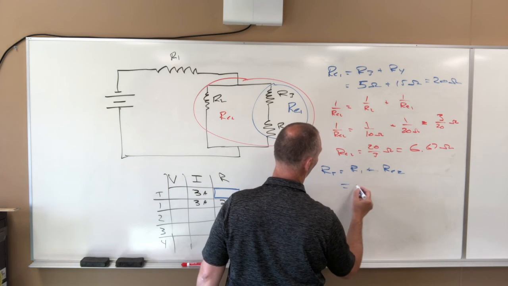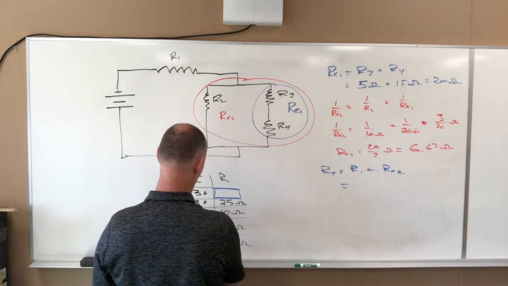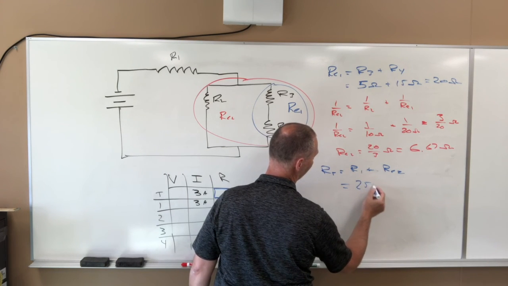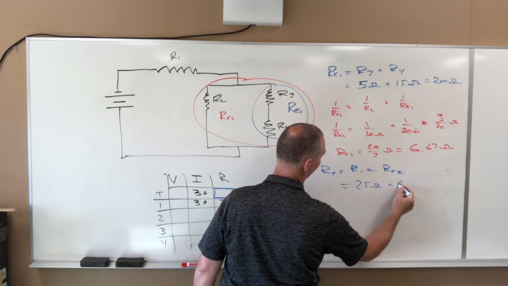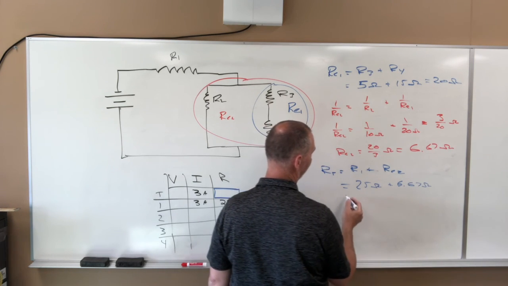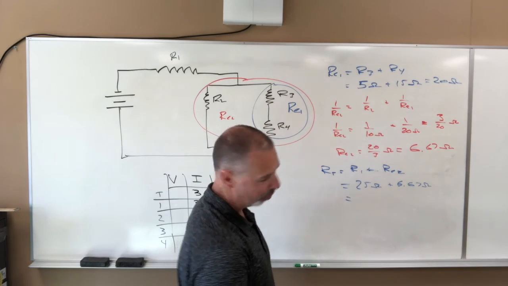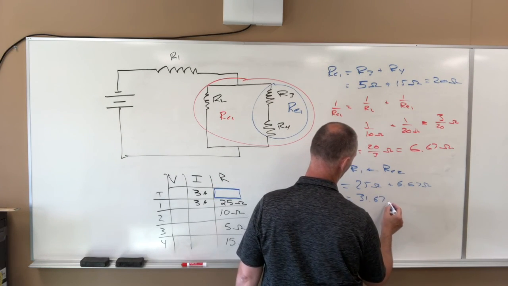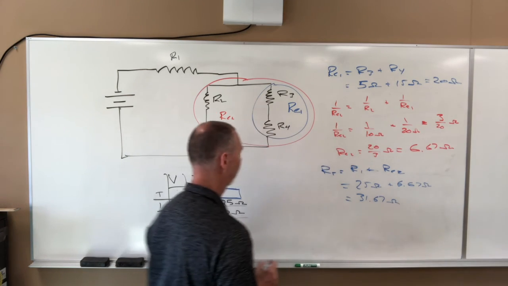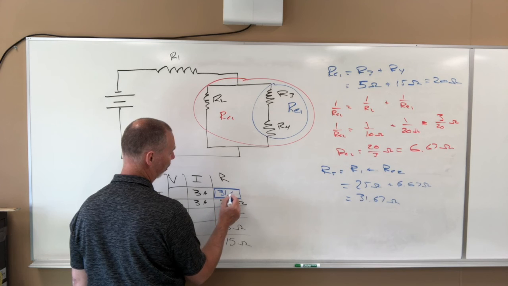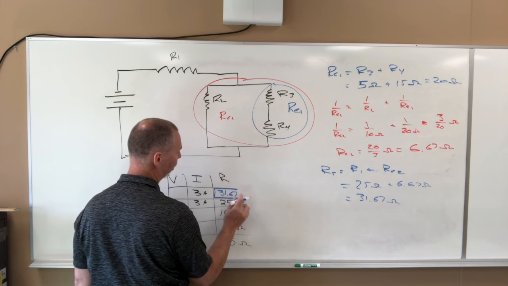R1 was 25 plus our 6.67, and we get 31.67 ohms. So that's the number going right here, 31.67 ohms.